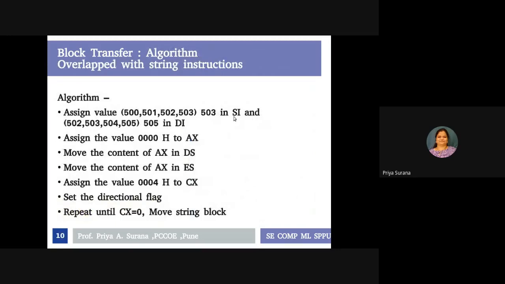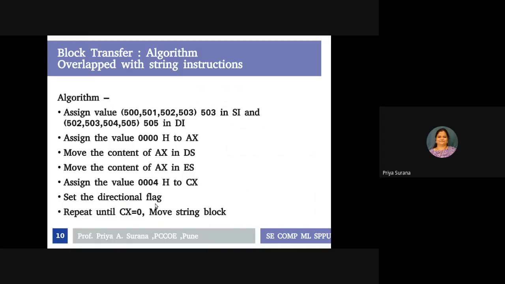So SI will point to 503, DI will point to 505, and in reverse manner data is going to be copied. Contents are stored in these locations for source, and content will be stored in these locations for destination. AX will be initialized to 0, and it will initialize DS and ES with 0. Counter will be 4, the elements we are supposed to transfer.